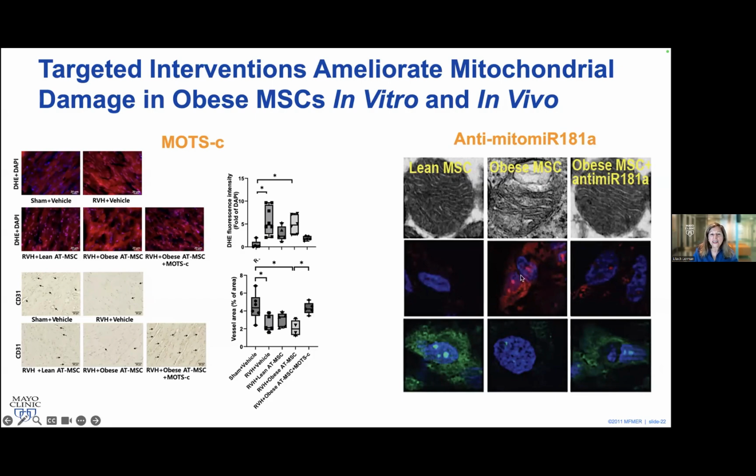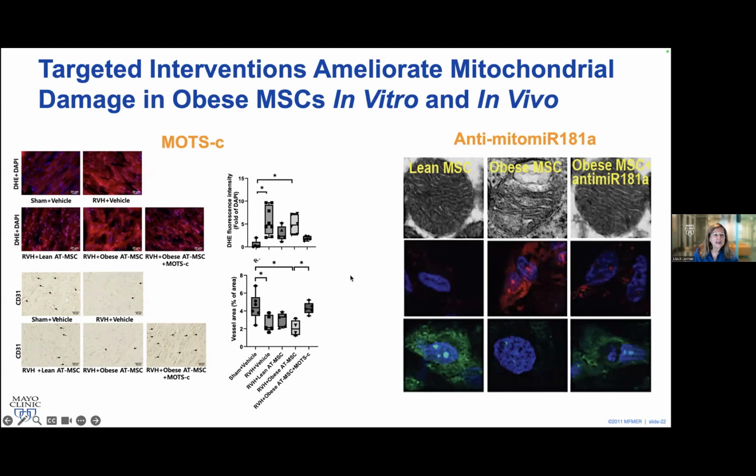You can see again the increased oxidative stress in the mitochondria of obese MSCs that was blocked by treatment with anti-miR-181a. Similarly, the anti-miR-181a also restored membrane potential of the mitochondria, as indicated by staining for TMRE.